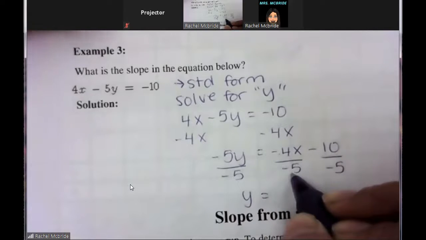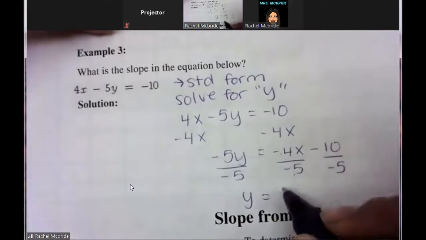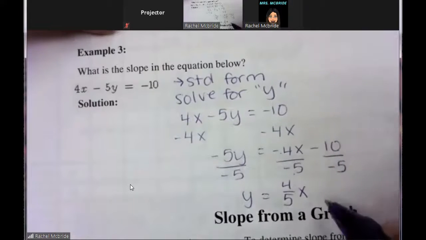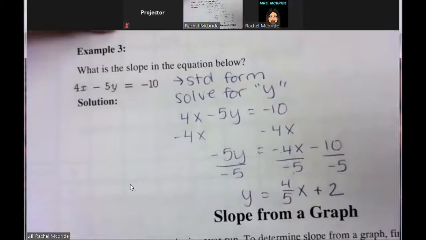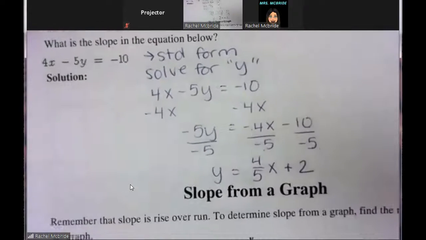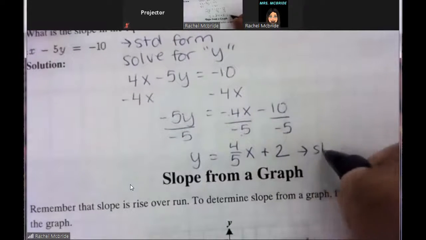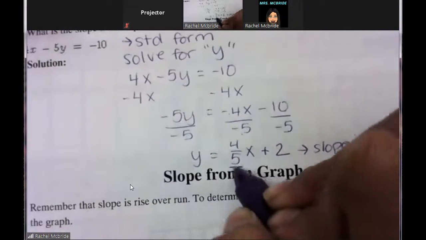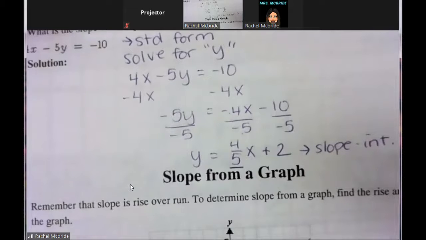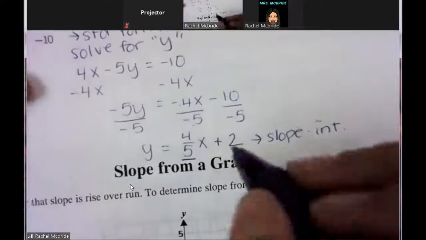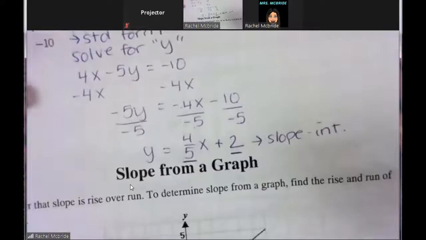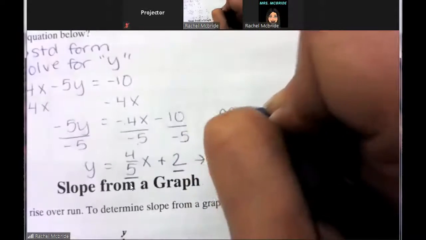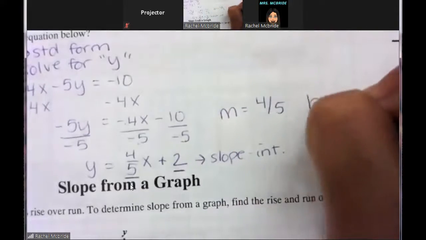A negative divided by a negative becomes a positive. 10 divided by 5. Excellent. So in slope-intercept form, that's this form here, it's called that because you see the slope, which is m, and you see the y-intercept, which is 2. So it's called slope-intercept form because you can see the slope and the y-intercept.